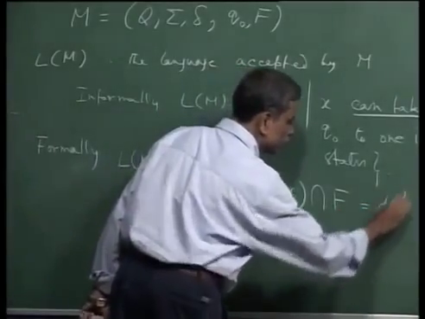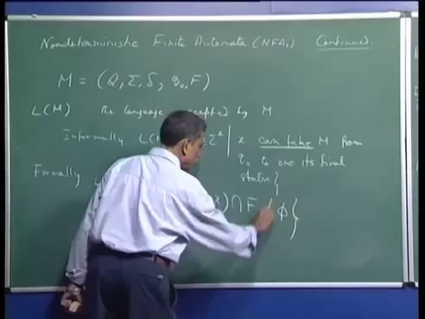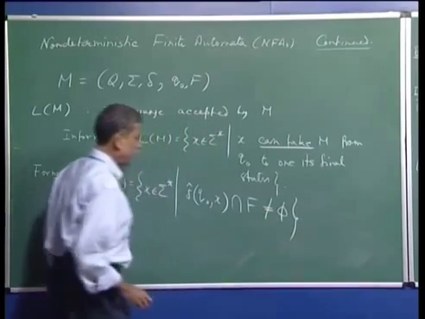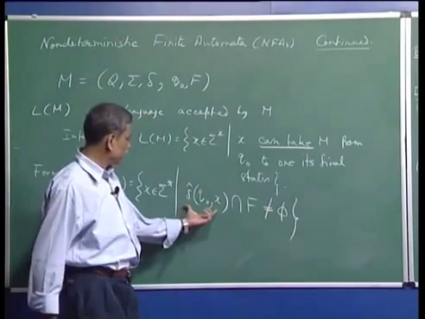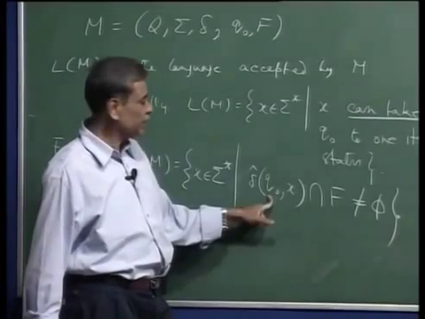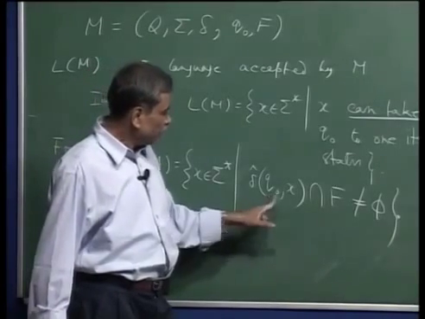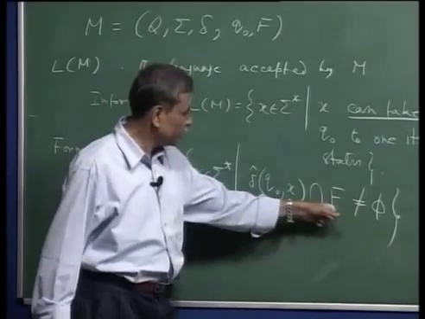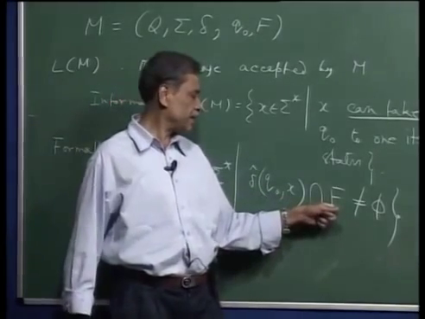That is easy to write formally. What we are saying is, look at the collection of states the machine can be in on reading x starting from the initial state, and intersect that set with the set of final states.